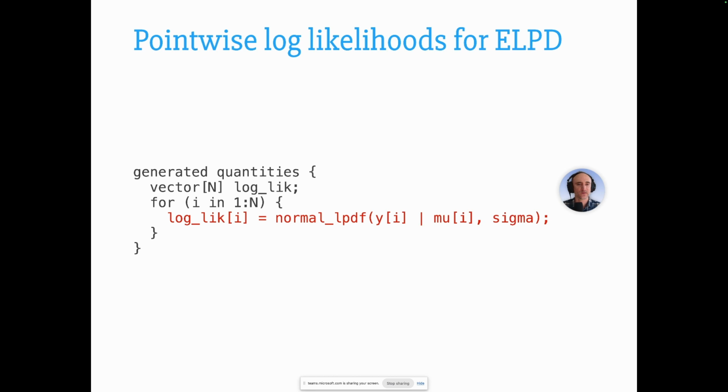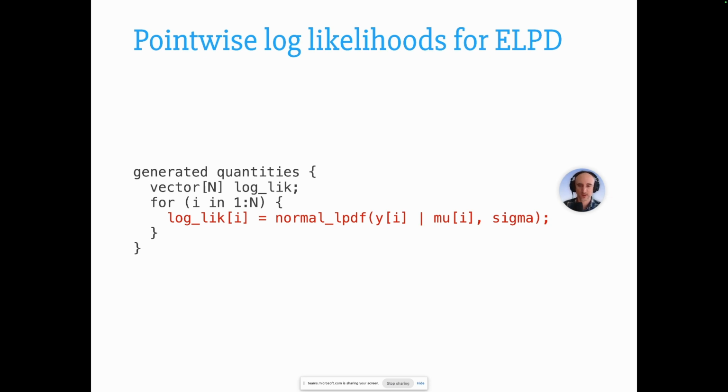And we would do something similar for these pointwise log likelihoods, which may not make a lot of sense yet, but we'll talk about this after. This is the same as dnorm in R, this normal_lpdf log probability density function. And they all take this type of syntax: the response, conditional on, vertical bar, the mean and the standard deviation.